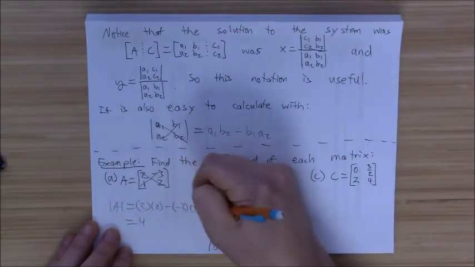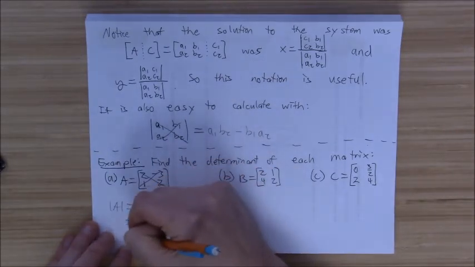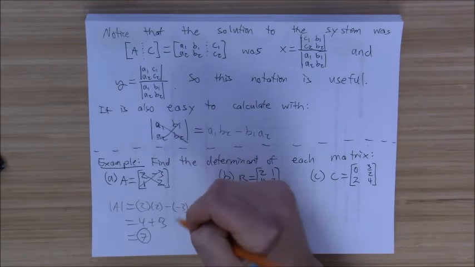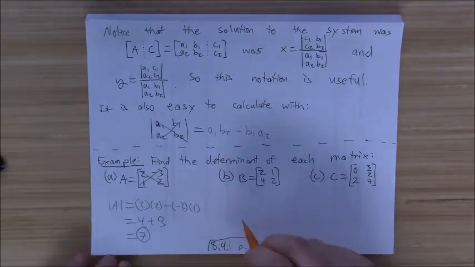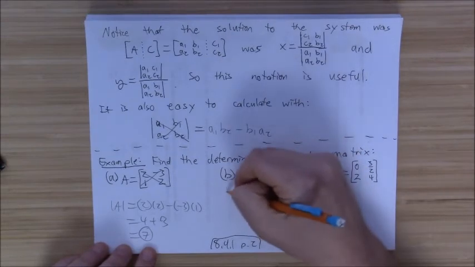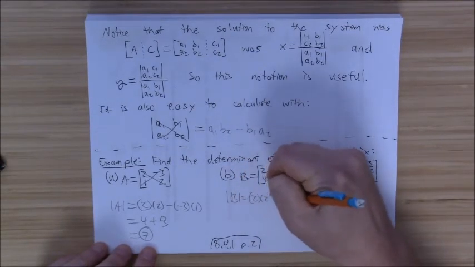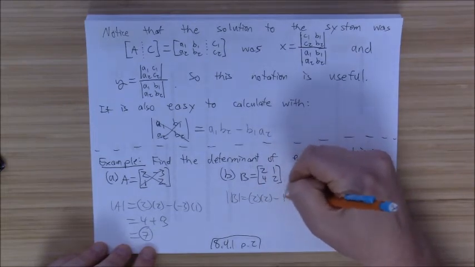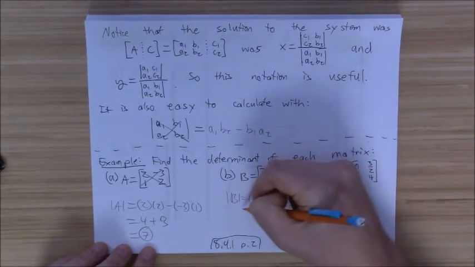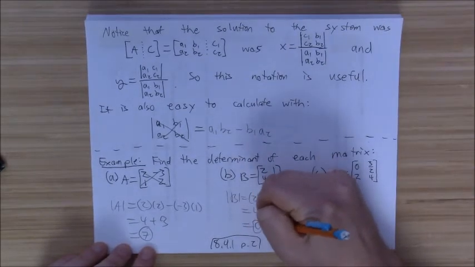So that's going to be 4 plus 3, so 7. We also, if we were going to calculate the determinant here, we would have the determinant of B is 2 times 2 minus 1 times 4, which is 4 minus 4, so 0.